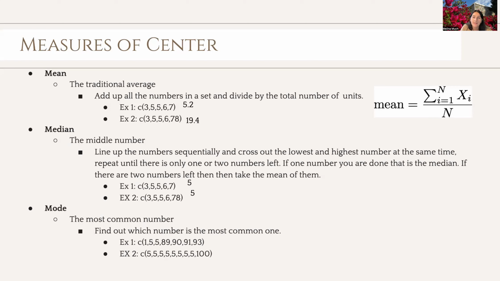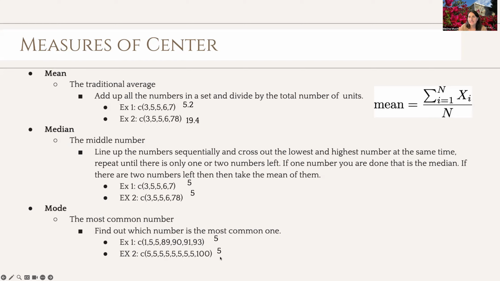Find out the most common number. It's 5, right? Because there's 2 5s in the set and every other one is an individual number. And then in the second set, pause and find it. It's also just much more clear that it's just 5 in this case, right? Because we have so many more 5s occurring.